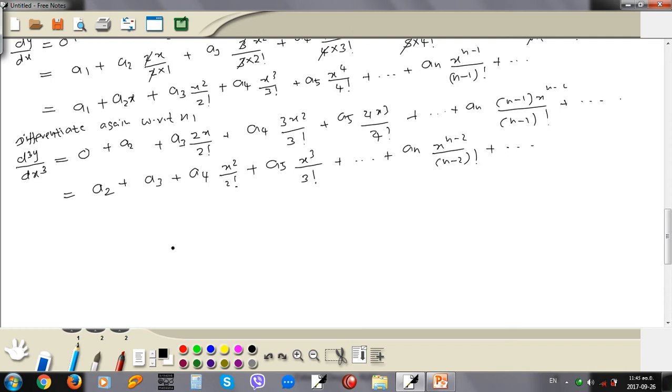We need d cube y over dx cube, so we differentiate d squared y over dx squared again with respect to x.